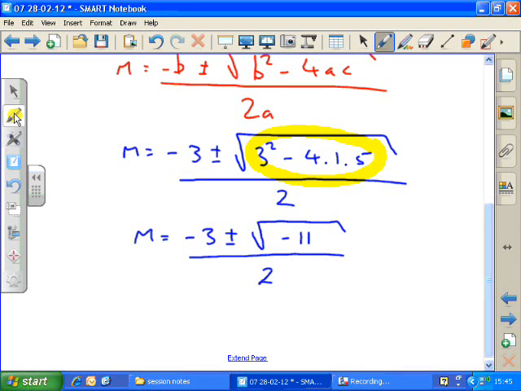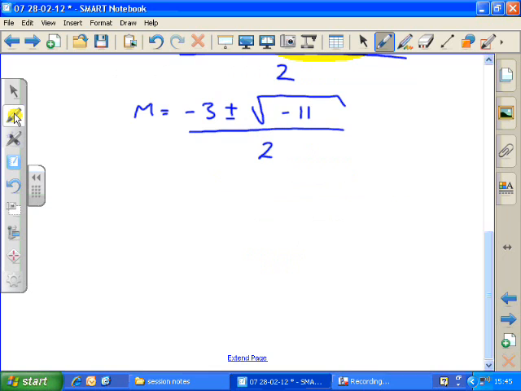So we've got a negative root. So what do we do with that? Remembering back to our complex numbers, m equals minus 3 plus or minus, I can split this root into the square root of 11 times the square root of minus 1, all over 2.